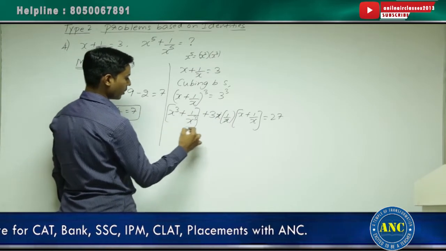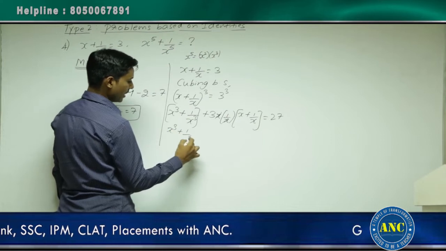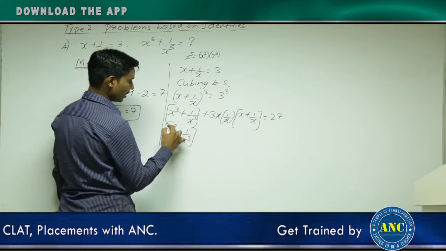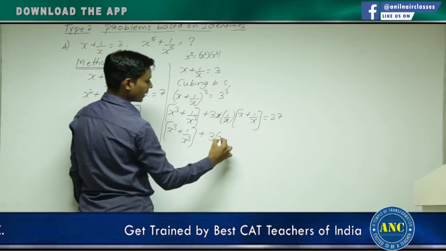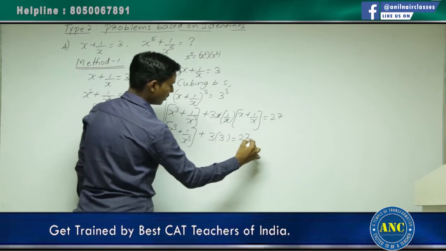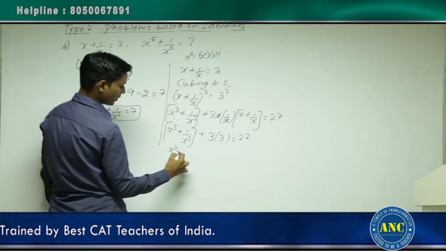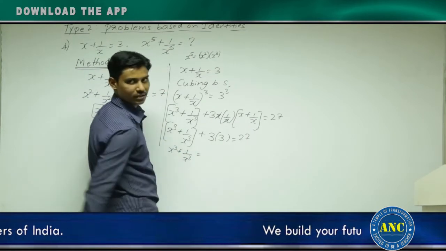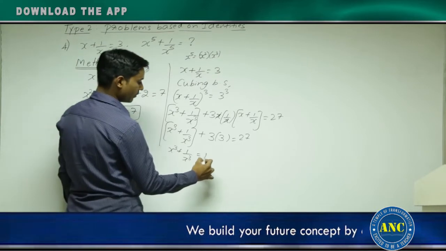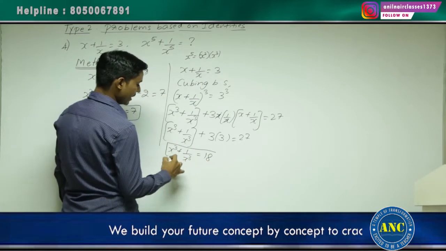So x cube plus 1 by x cube is nothing but 27 minus 3 into the value of x plus 1 by x, which is known as 3. If I shift this 9 to the right hand side, it becomes 27 minus 9, which is 18.